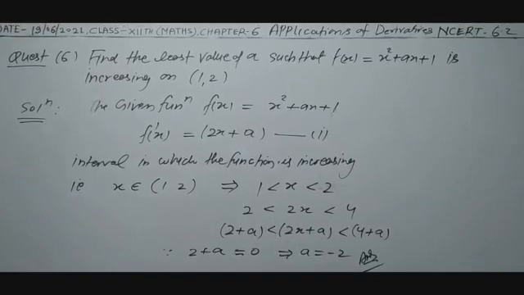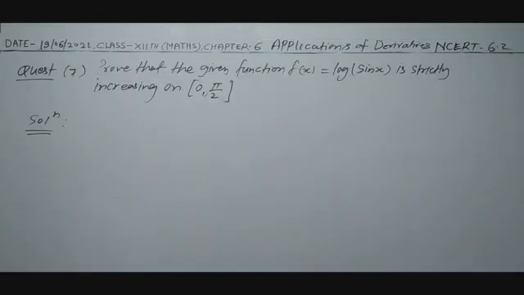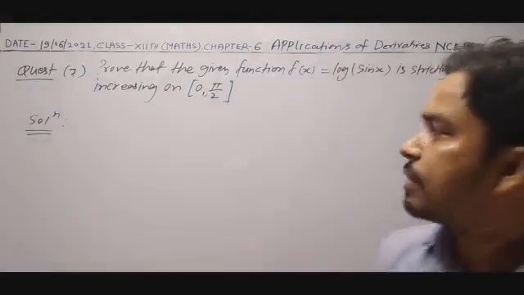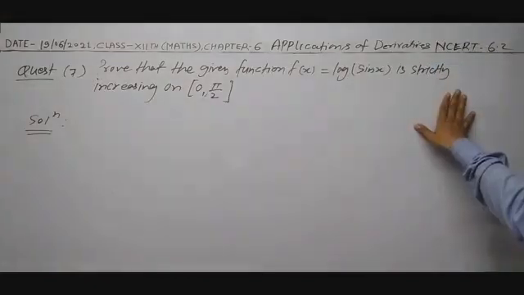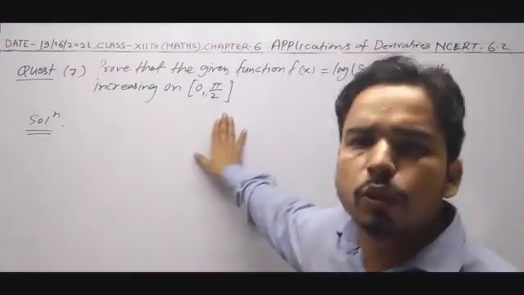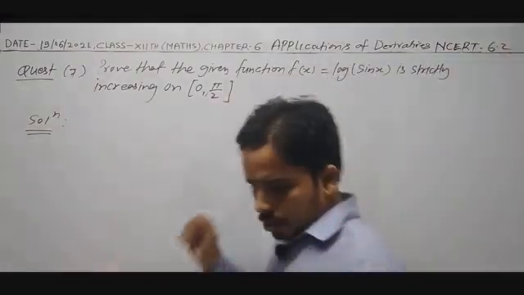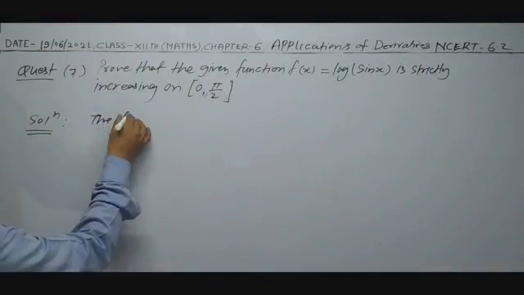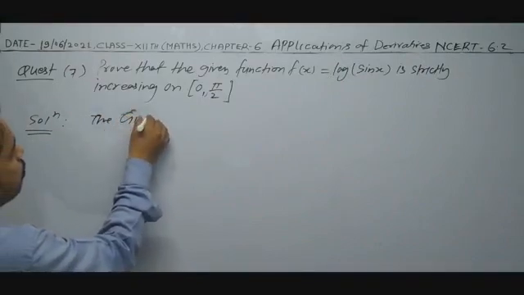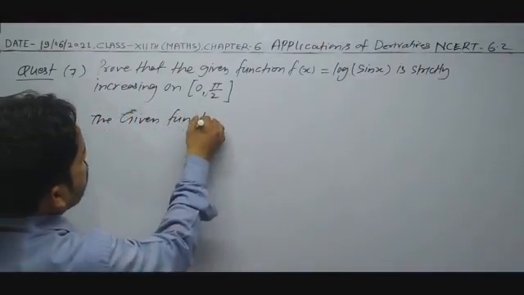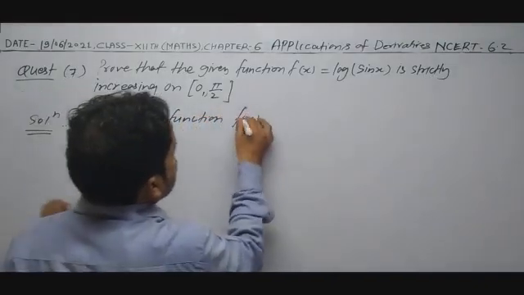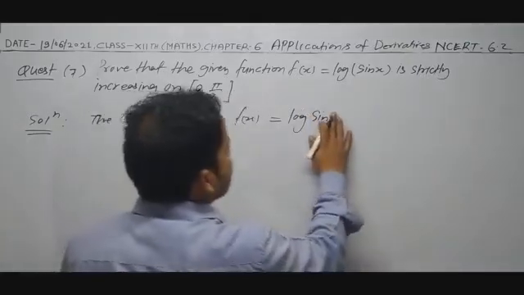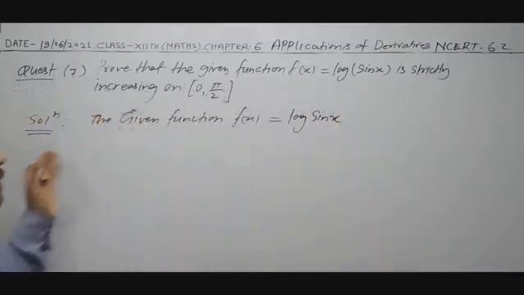Question number 7 is, prove that the given function f(x) is equal to log of sin x is strictly increasing on this closed interval 0 to pi by 2. So write the function. The given function f(x) is equal to log of sin x, and after differentiation you will get f dash x.